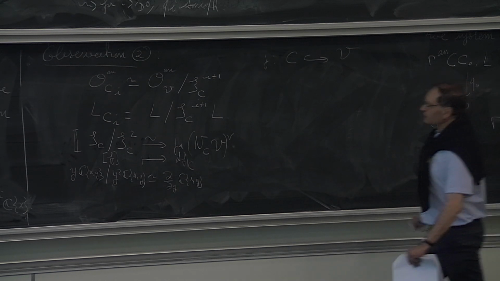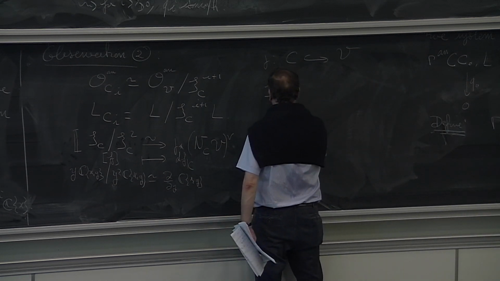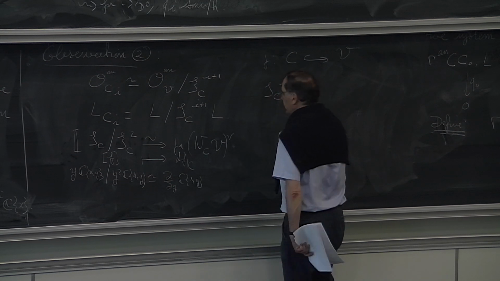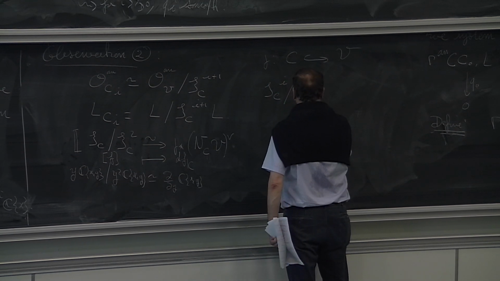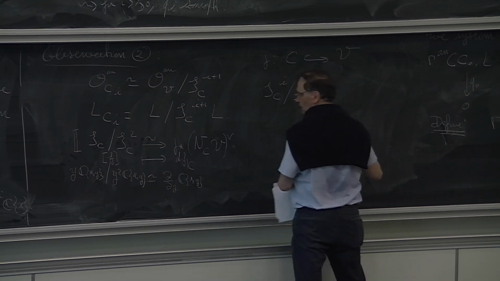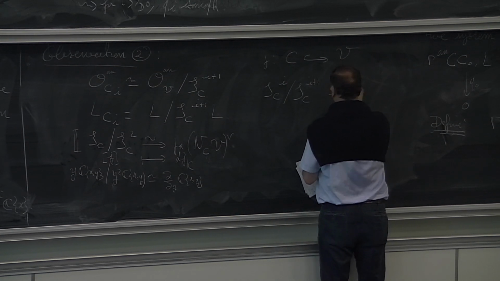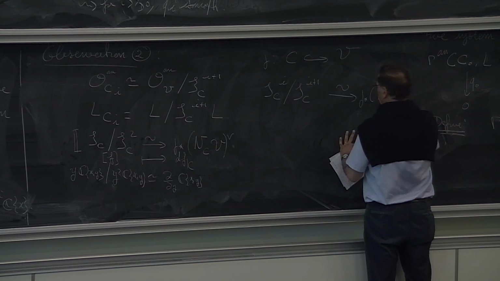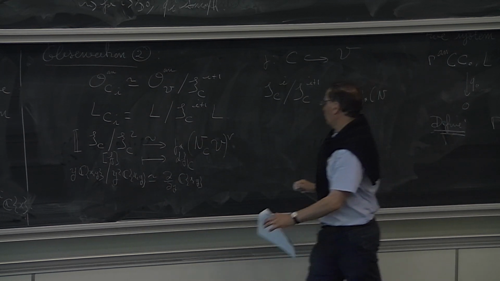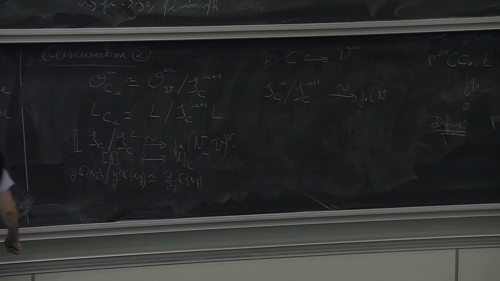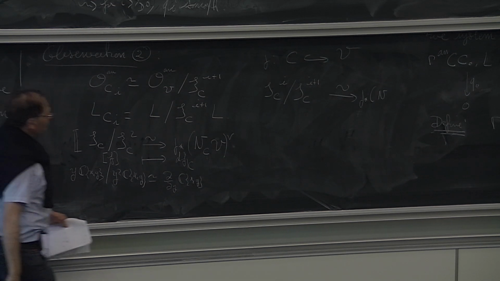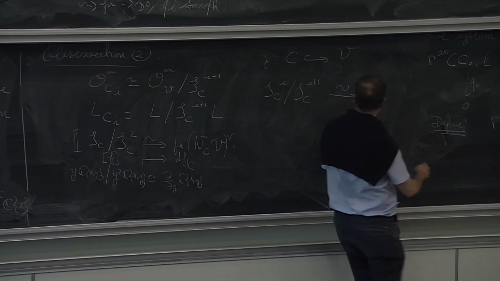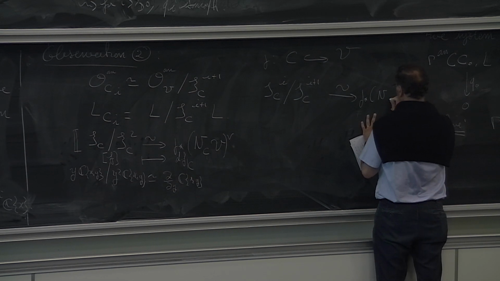And in the same way, you see that I_C^i quotiented by I_C^(i+1) may be identified with a line bundle. Here again, it's a coherent sheaf that is supported by C. It corresponds to a coherent sheaf over the curve C, and it corresponds to the i-th power of the dual of the normal bundle.